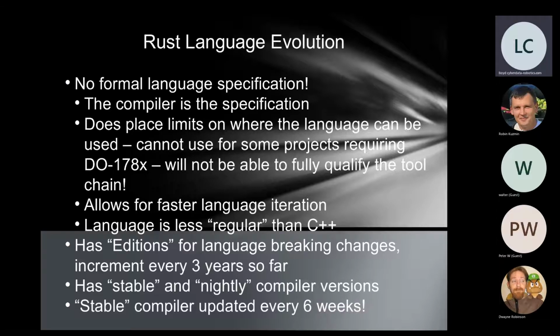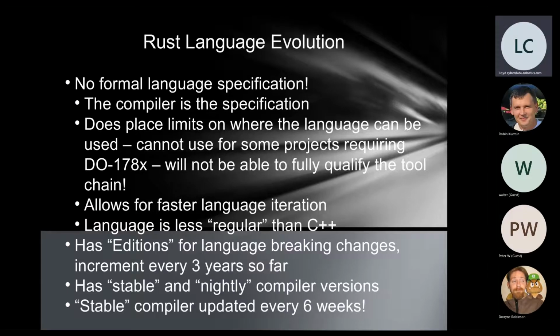Something else that this does allow for, though, is much faster language development and iteration. So Rust has what they call editions. These are essentially language breaking changes. So unlike C++, Rust will break backward compatibility.